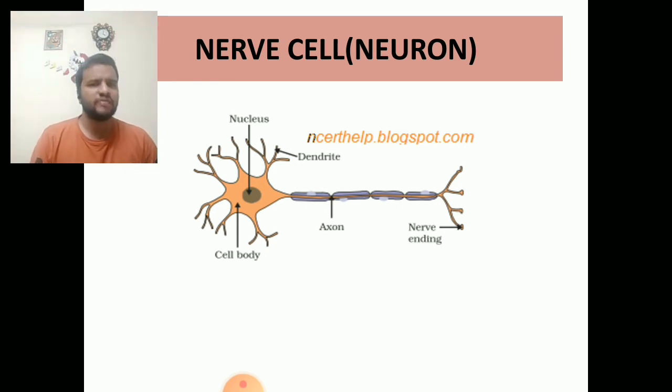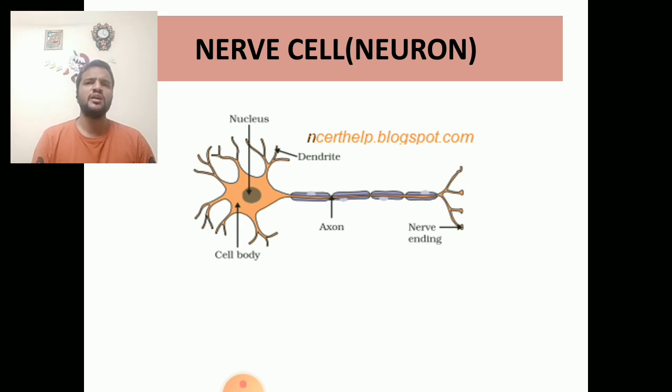Any nervous system is under the control of neurons. Neurons are nerve cells. So how do you define a nerve cell? A nerve cell or neuron is the structural and functional unit of the nervous system. Briefly, we'll talk about the structure of the neuron.